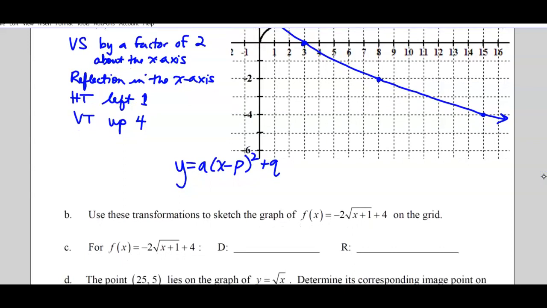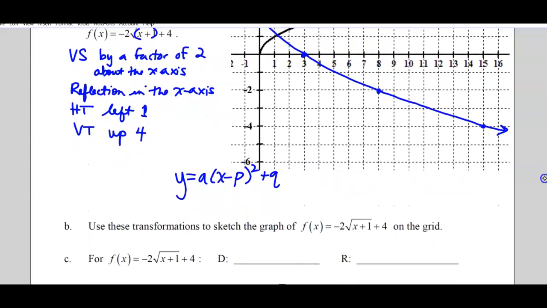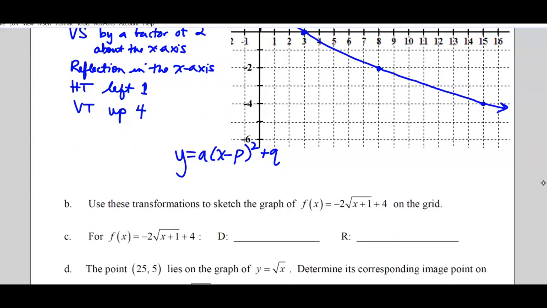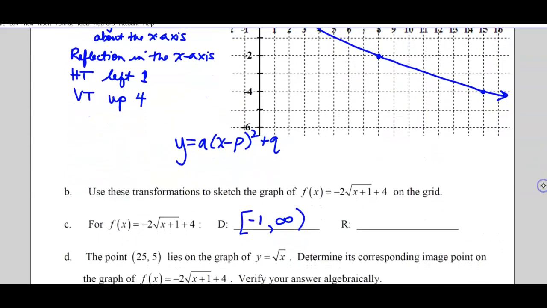Okay? So we've graphed it. What's the domain and range? So domain, you can look at your graph. It's from -1 to infinity. Let's use some interval notation to practice that. And range is from 4 to -infinity.